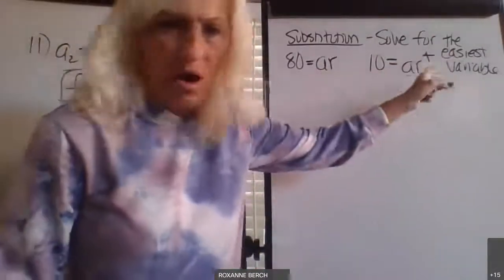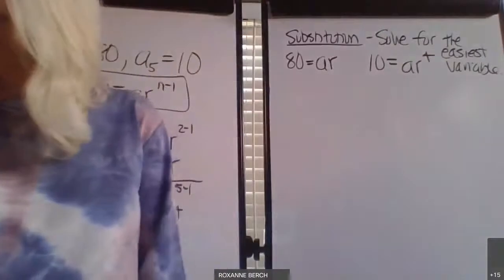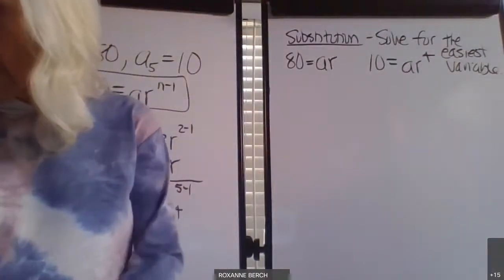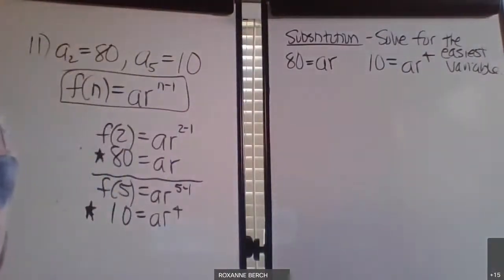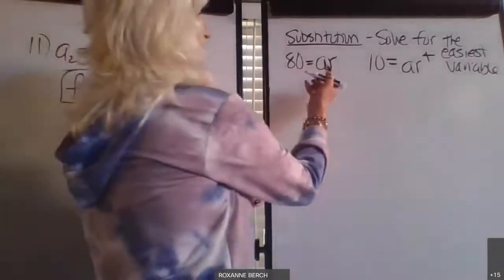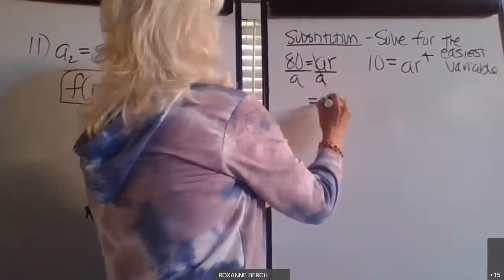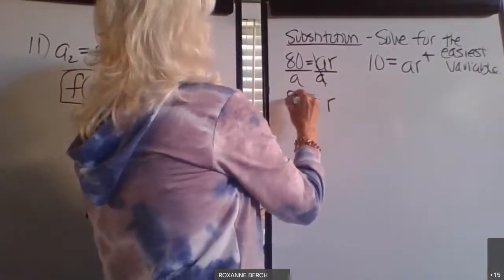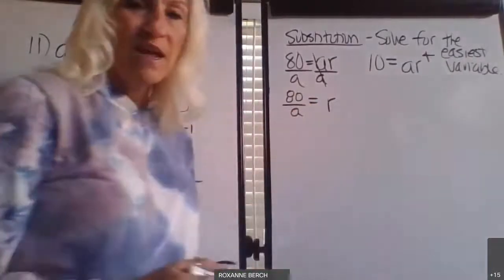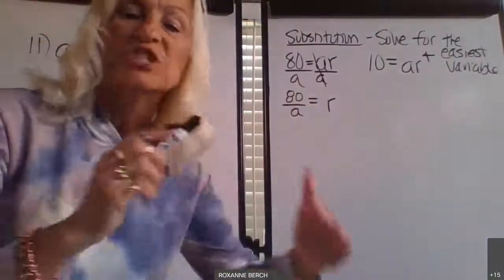Don't solve for that r over there. You can pick any variable you want, and what I'm going to do is solve for r. So I'm going to divide both sides by a, and I get r is equal to 80 over a. So what I just did is I solved for r in terms of a.